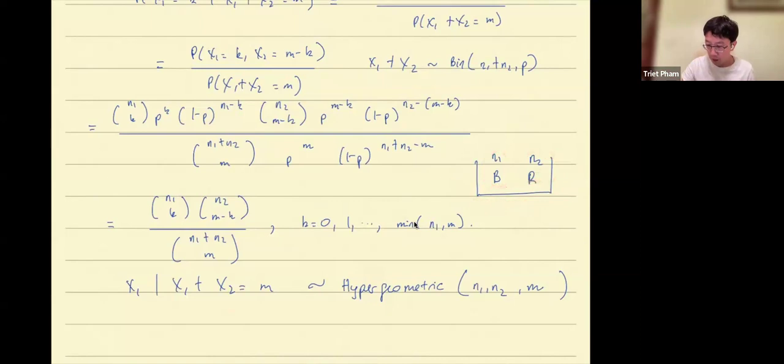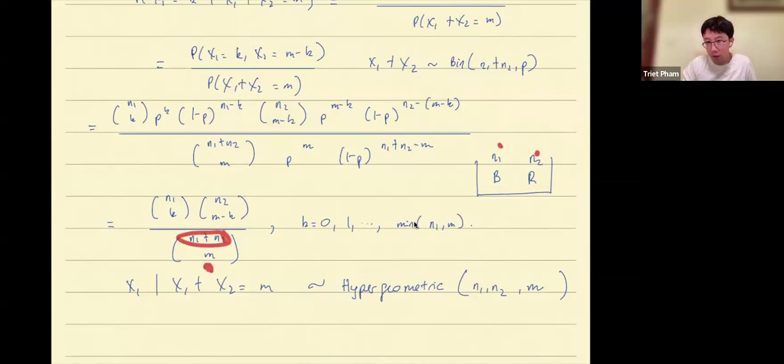On the other hand, you know that you want to select M total successes. So M here is the total number of successes. Out of N1 plus N2 trials, you want to select M successes.